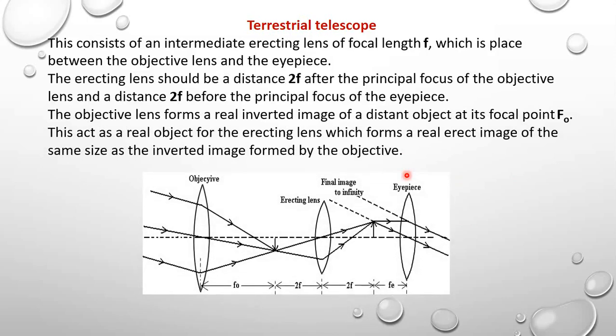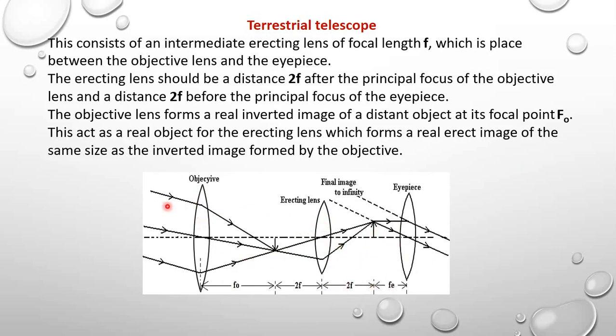Let's see. So this is the erecting lens placed between the objective and the eyepiece. The distance from the erecting lens up to the principal focus of the objective is 2f, and also the distance from the erecting lens up to the principal focus of the eyepiece is also 2f.